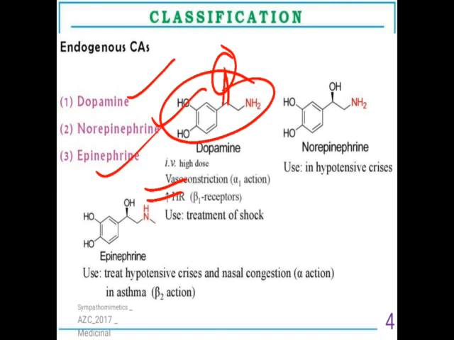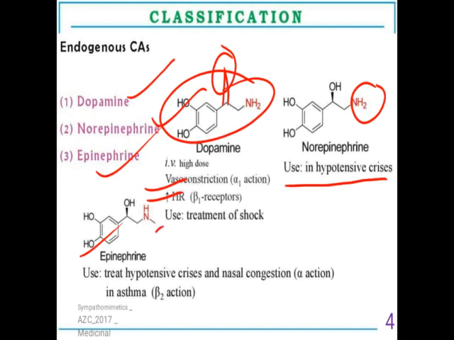So this is used in the treatment of shock. Second one, norepinephrine, you can observe there is only an amine group. In hypotensive crisis, the drug norepinephrine can be used.